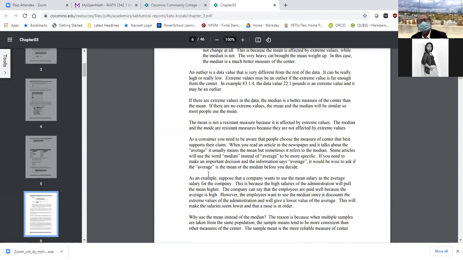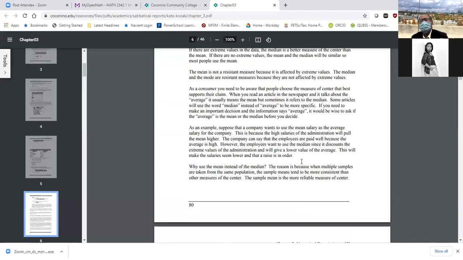In this example, in terms of salary, instead of using the mean, we use the median.